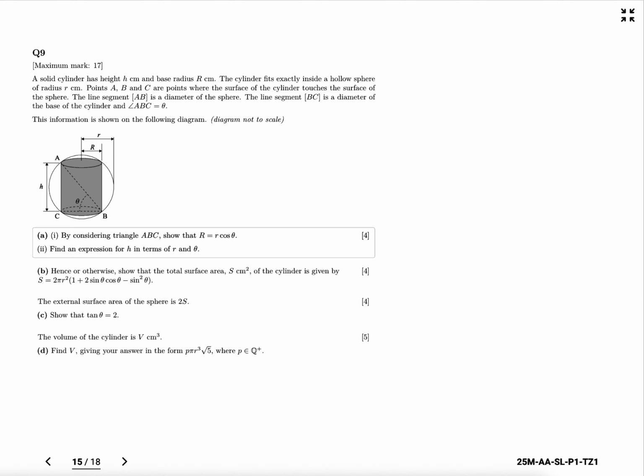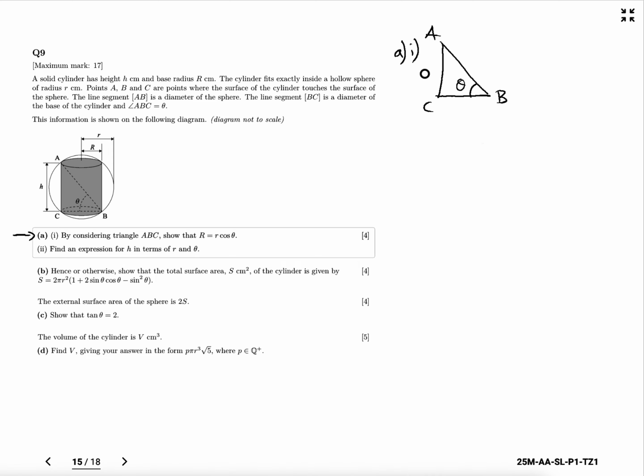Alright, question 9 has a very complicated setup with a cylinder inside a sphere. So I'm going to assume that you've read the question already, and we'll get straight into solving it. So let's do part A. By considering triangle ABC, show that capital R equals little r times cosine of theta. So let's draw a sketch of the triangle ABC, and theta is here.